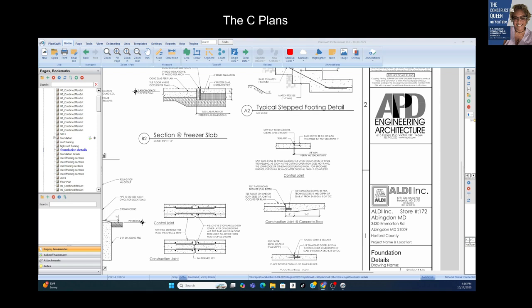Okay. So let's talk about something in general where I did mention you need to know how to read all of the plans. You need to know how to go from one set to the other because you may have discrepancies in the plans.